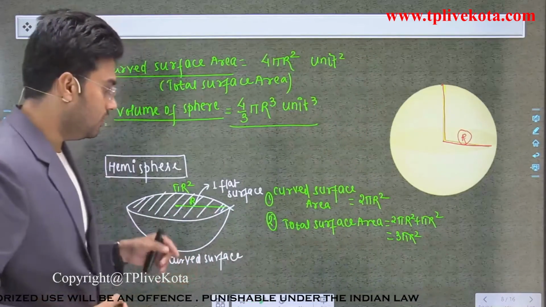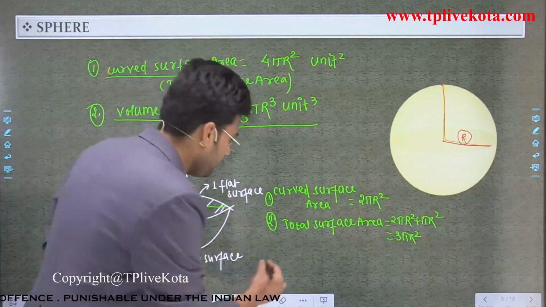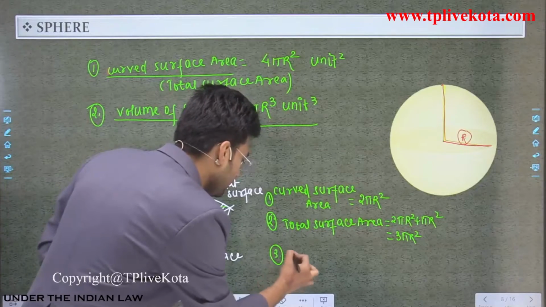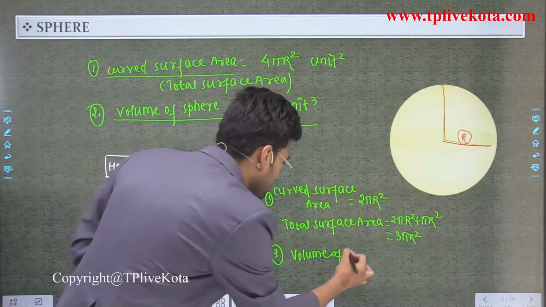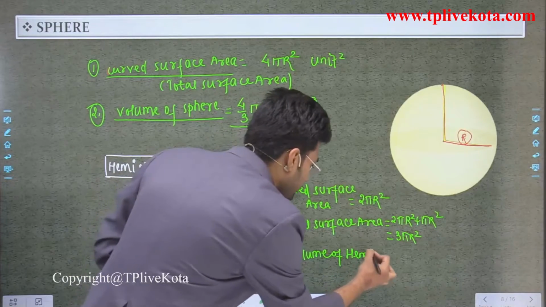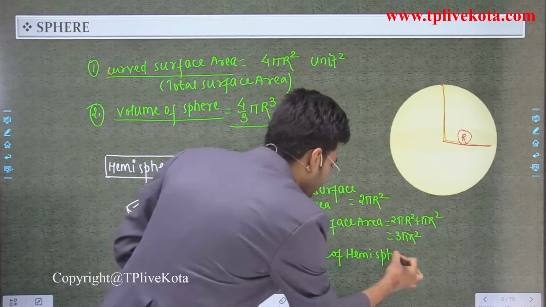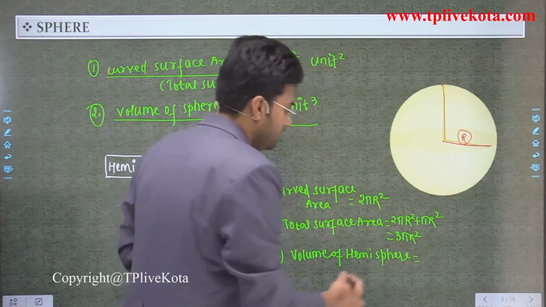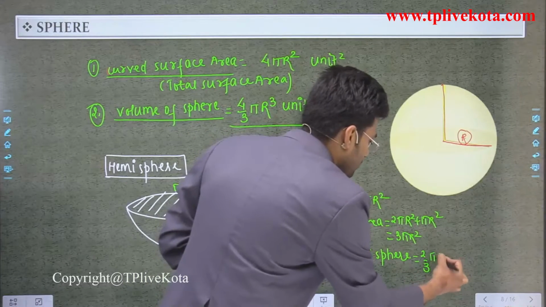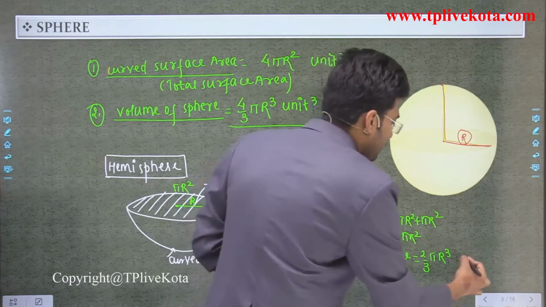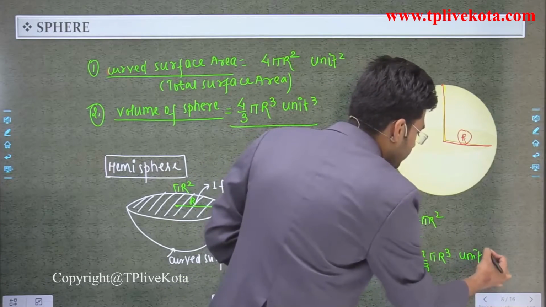Clear? Now what is the volume of hemisphere? The volume of hemisphere is just half of volume of sphere, so it is 2 by 3 pi r cube unit cube.